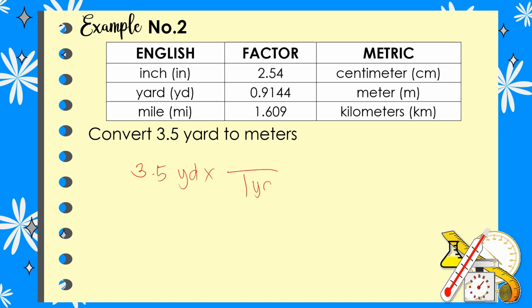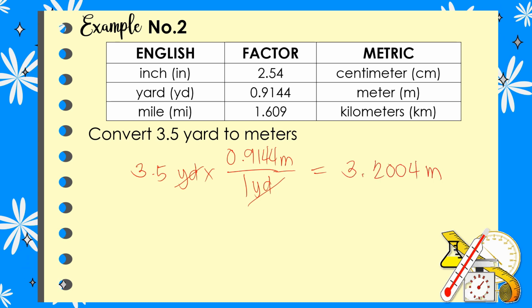For every yard, there is an equivalent of 0.9144 meter. So, cancel out yung yard. So, when you multiply 3.5 by 0.9144, the answer is 3.2004 meters.